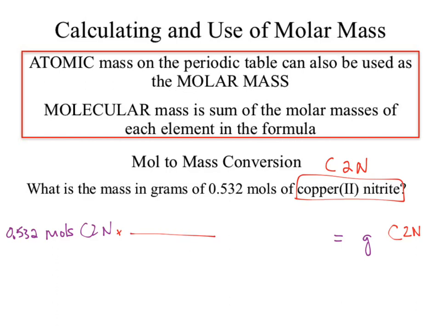We will be multiplying by 1, and that 1 has to come from a valid conversion factor. Ideally, what are we converting? Moles of our copper 2 nitrate into grams of our copper 2 nitrate. Is the gram to mole relationship something that I am responsible for knowing as a student in this class?